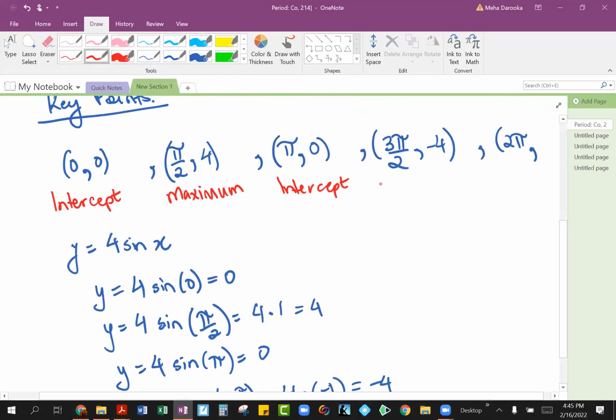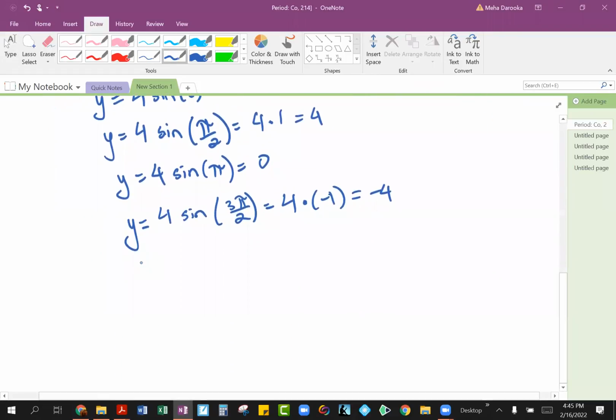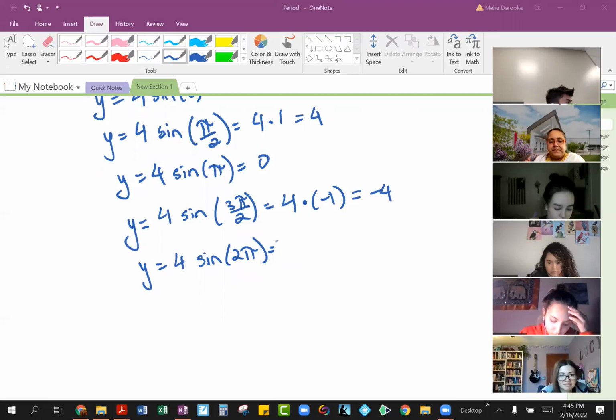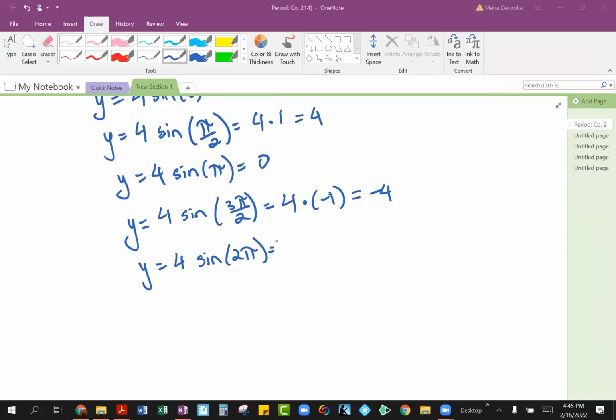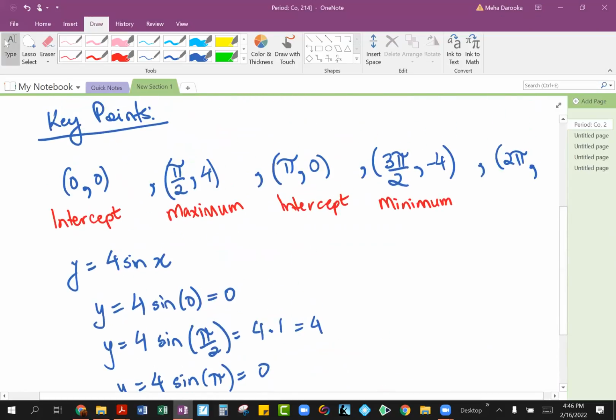So this is where we will have our minimum value. And then what do you guys think for 2 pi? Where will we end up with y equals 4 times sine of 2 pi? Yeah, because you're back at the starting point, right? You've made that full circle and you're back where you started, which was the angle 0, which has now become 2 pi. So again, very nice. 4 times 0 will end up giving you 0 over here.